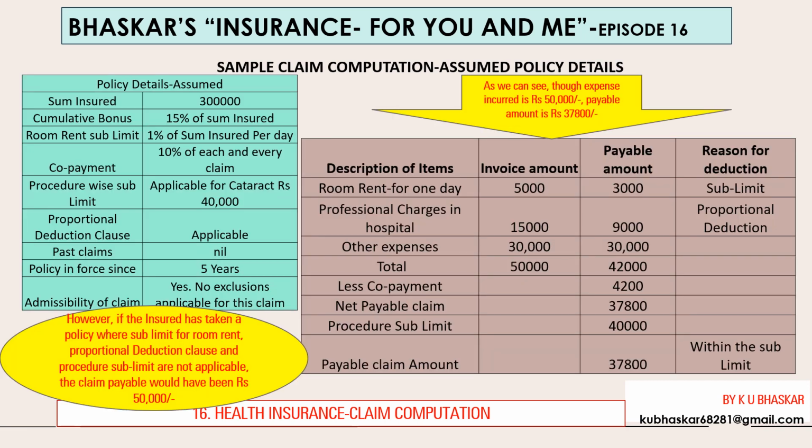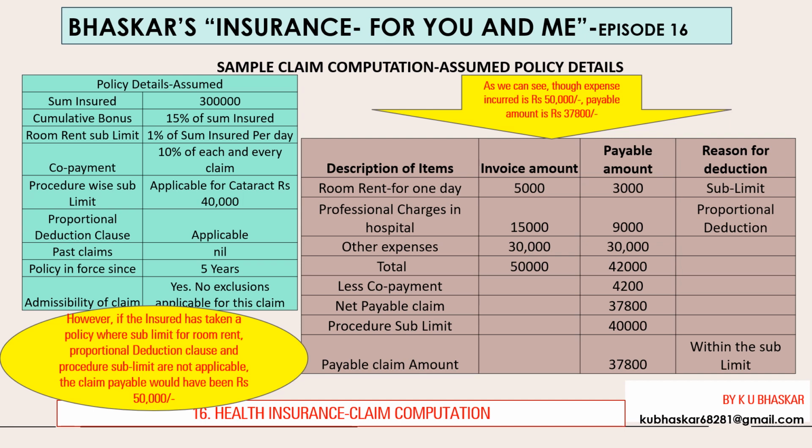Now for clarity, I am showing a working of a hypothetical claim. I've shown the policy details here. It's a policy with a sum insured of 3 lakhs with a cumulative bonus of about 15% of the sum insured, with a room rent sublimit of 1% of sum insured per day and copayment of 10% for each and every claim.